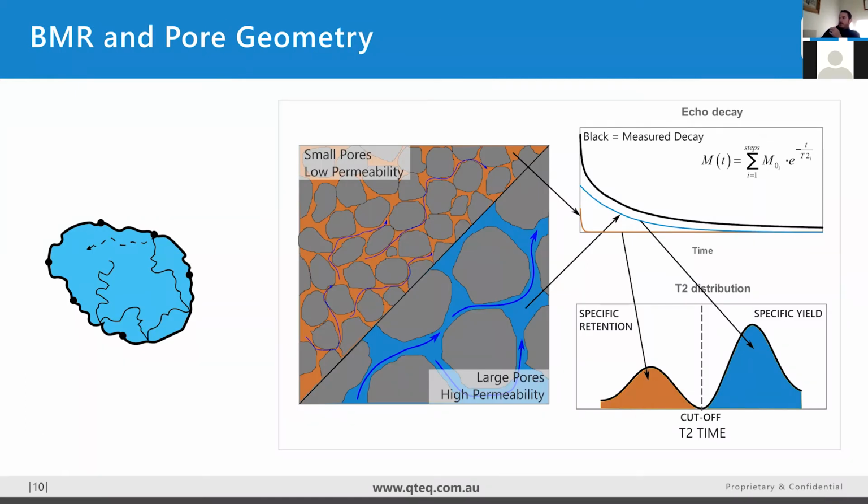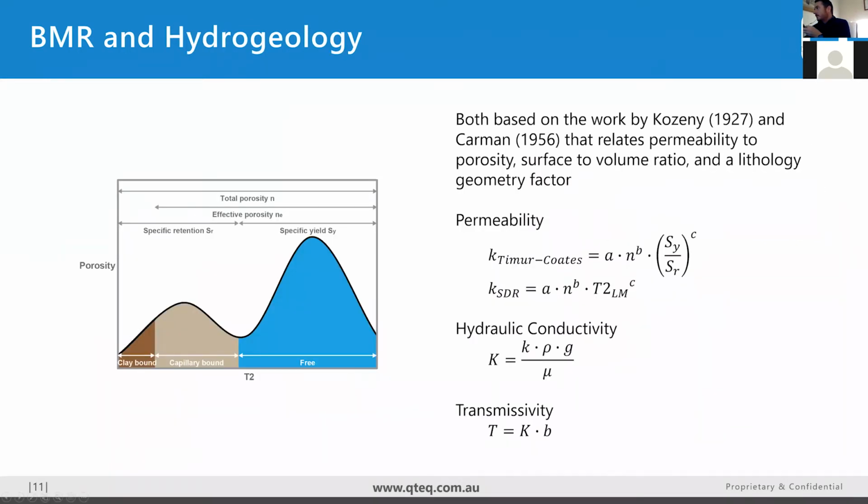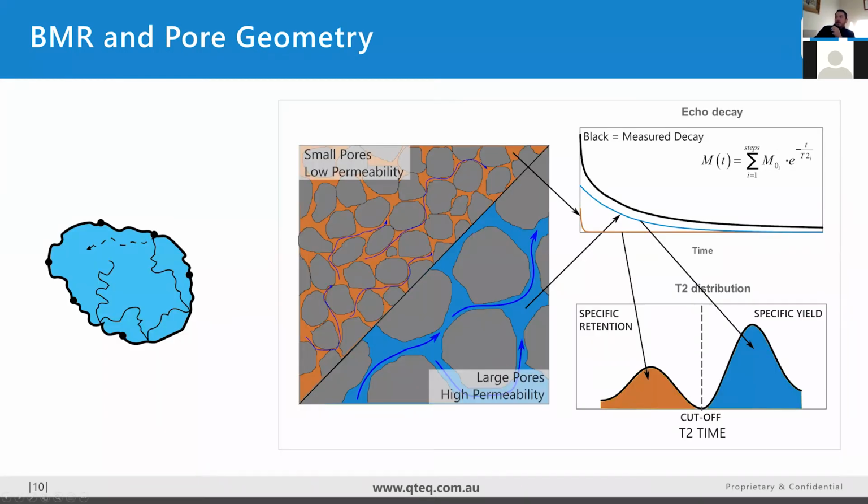So how quickly this decay falls down, which is this black line here, is related to two or three major factors for our T2 relaxation time.